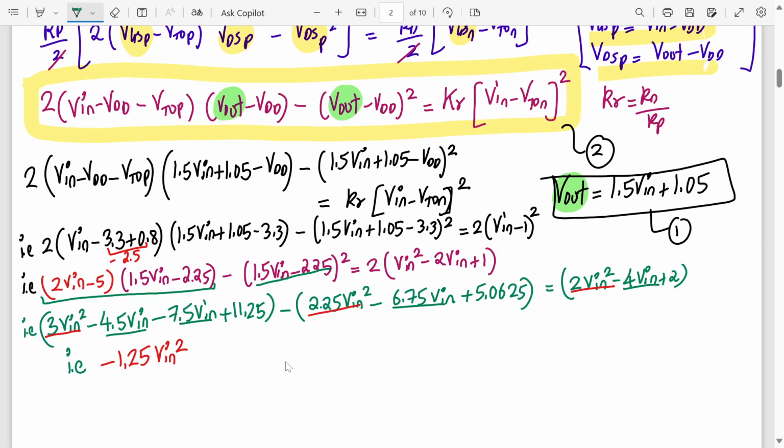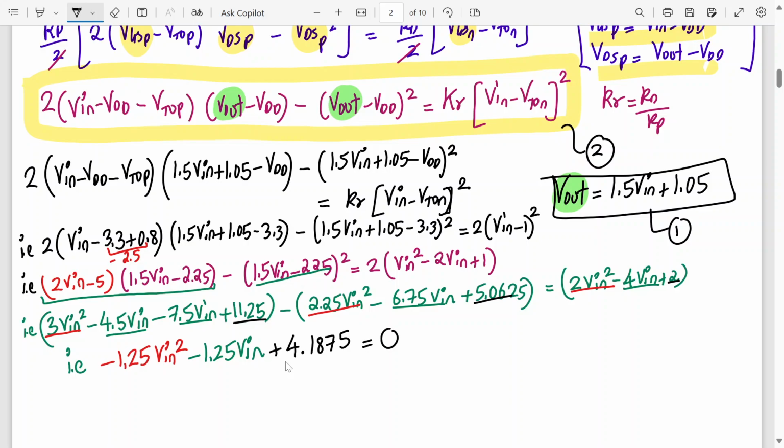Here I'm getting minus 1.25 V in. Now I'll collect all the constants together. Are you following? So it will be 11.25 minus 5.0625 and minus 2. So I am getting plus 4.1875. So this is the quadratic equation I am getting.